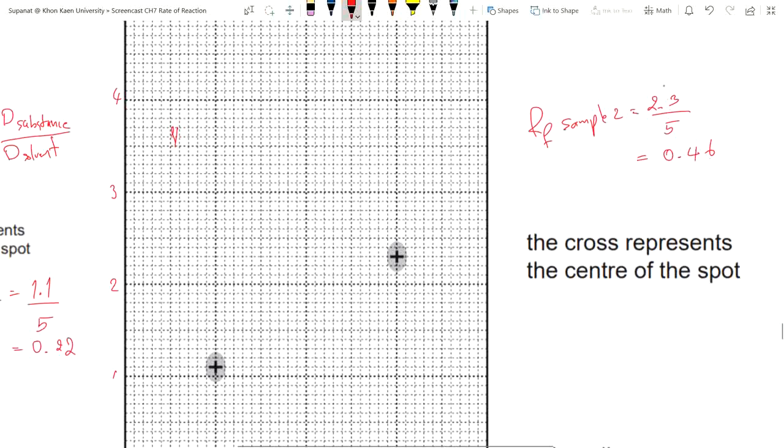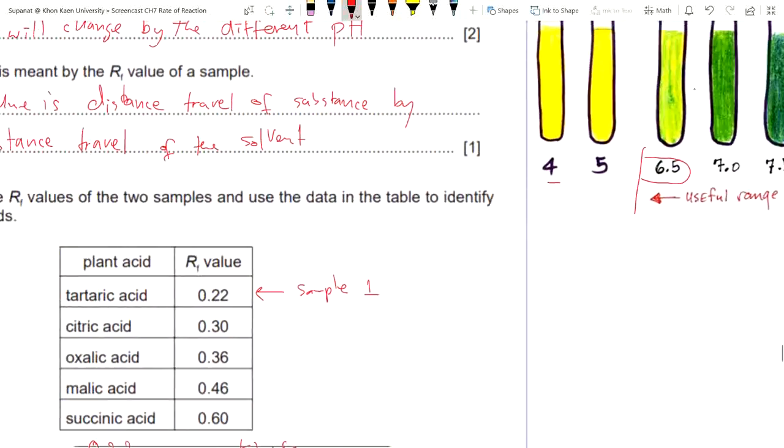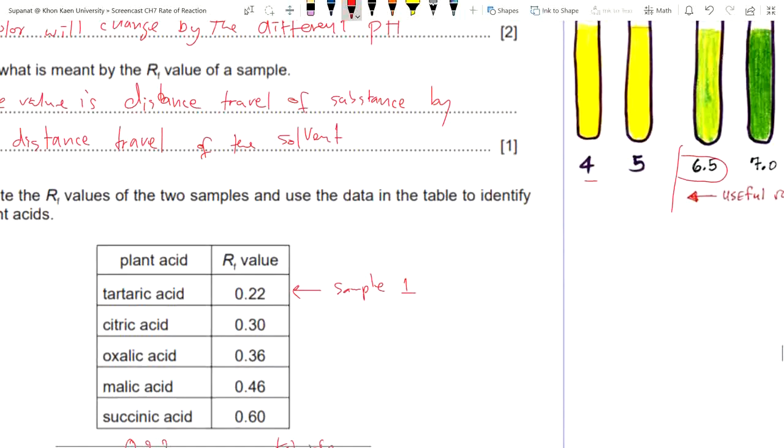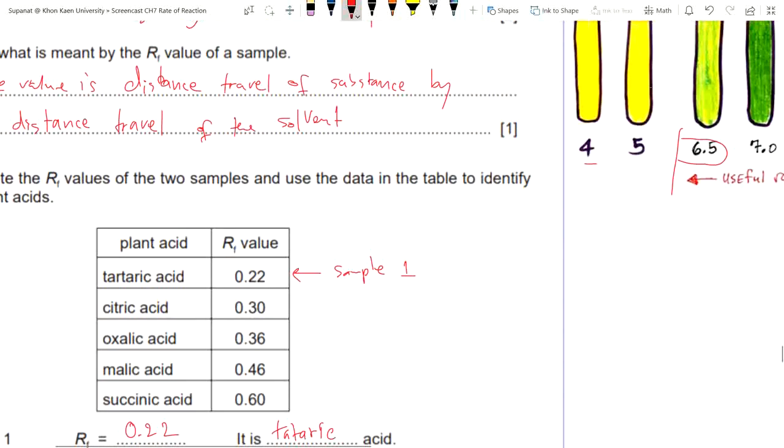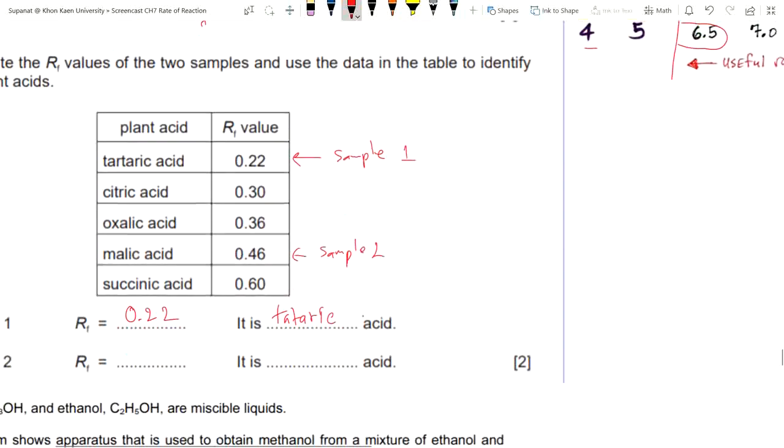Because the 5 cancels, it's going to be 0.46. The RF of sample 2 is 0.46, sorry. So that means it's malic acid.